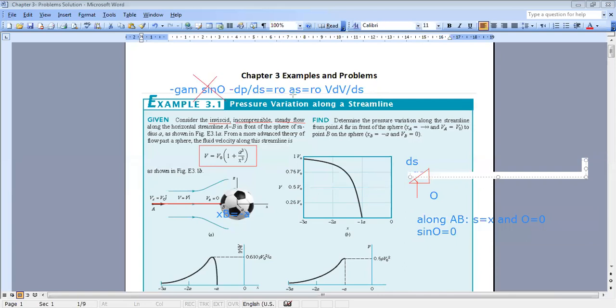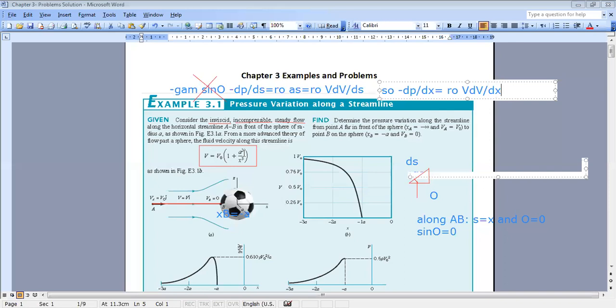So now if I replace s by x in my equation, what I will get is minus del p by del x equal to rho times v dv over dx. Now everything is simple because I have v as a function of x.